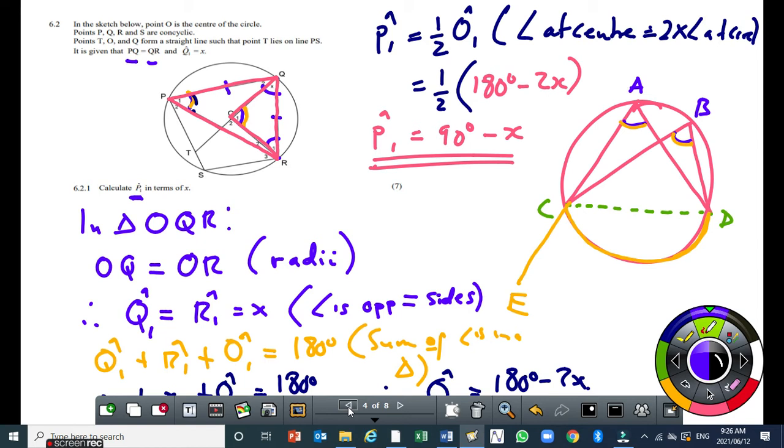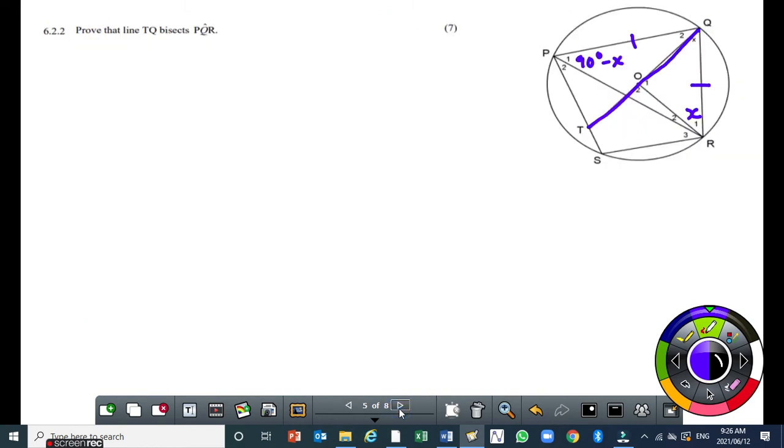Don't forget that usually the geometry questions have got a connection. The geometry question has a what? Connection. So what this means is this whole angle here is also equal to P1.